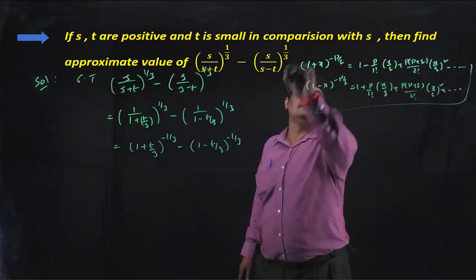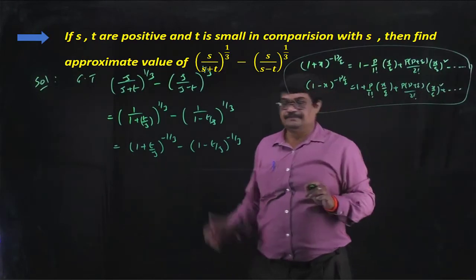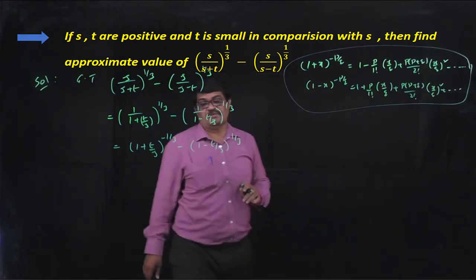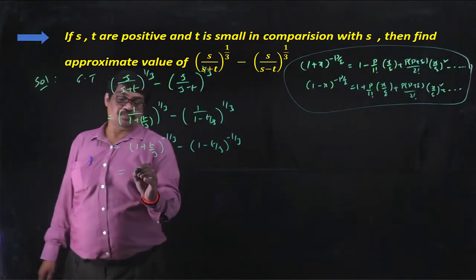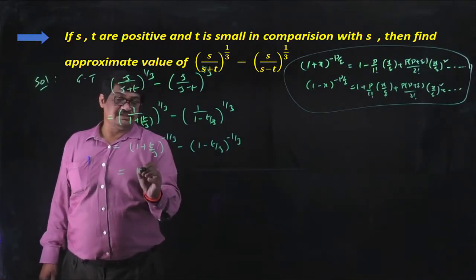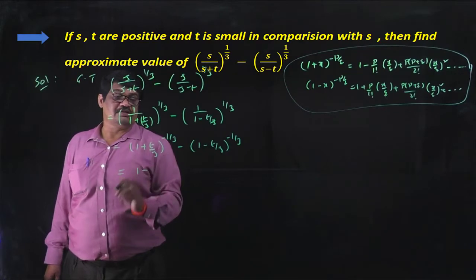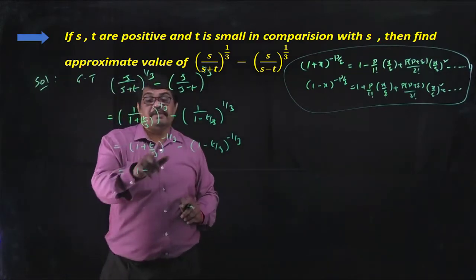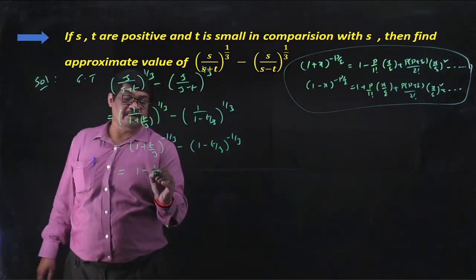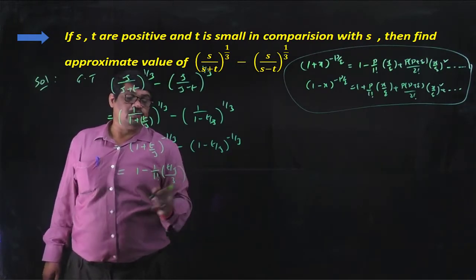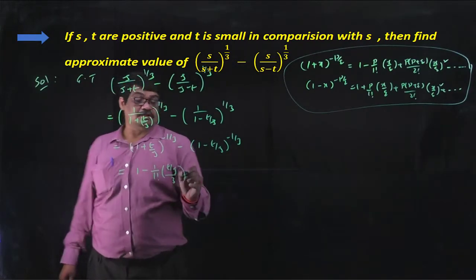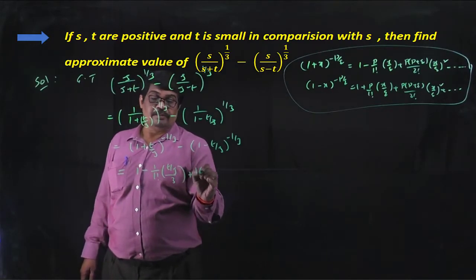Using these formulas we are expanding these two terms. Here p by 1 factorial is 1 by 1 factorial, and x by q is t by s by q, where q is 3. Next, p into p plus q.